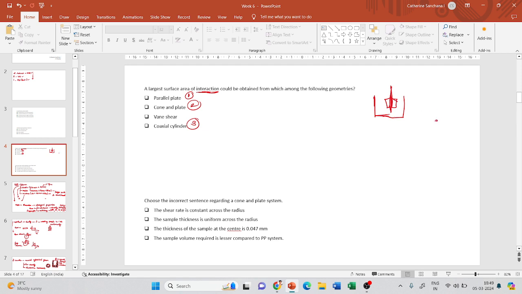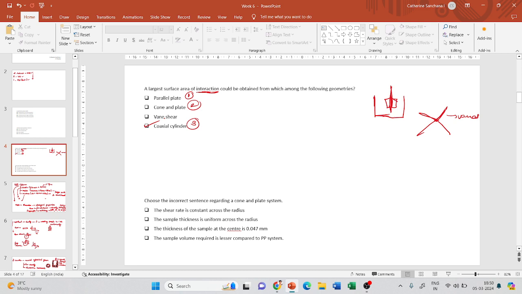So in top view, it will have four plates like this, which we will call vanes. So the largest surface area of interaction, the answer to this question, as we saw, is a coaxial cylinder.